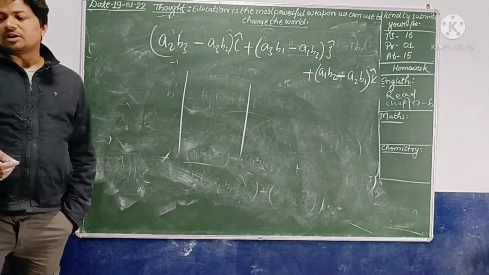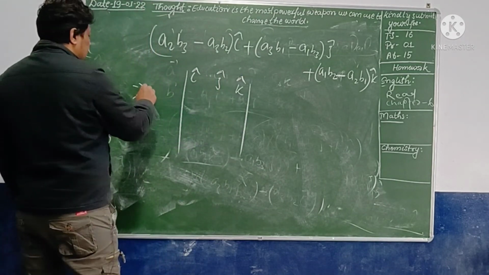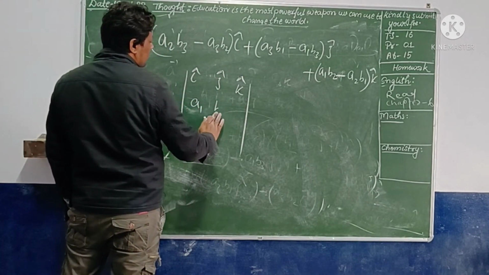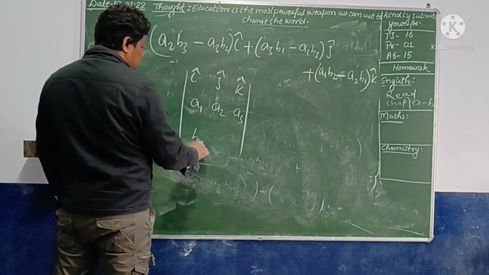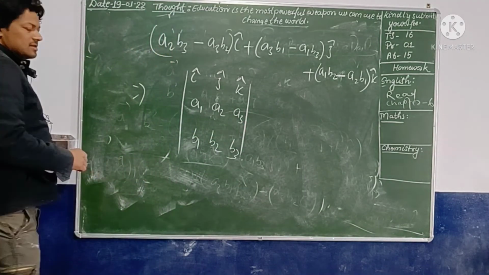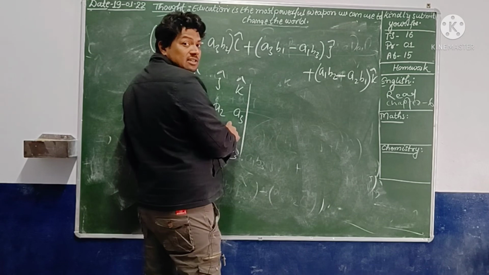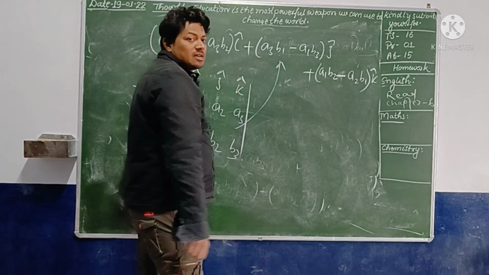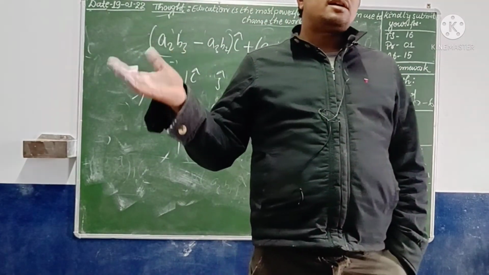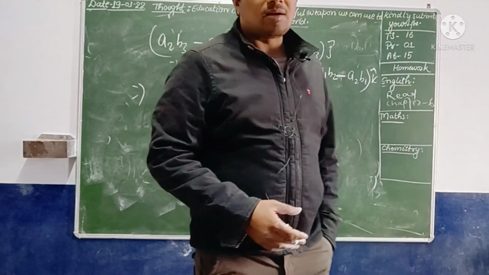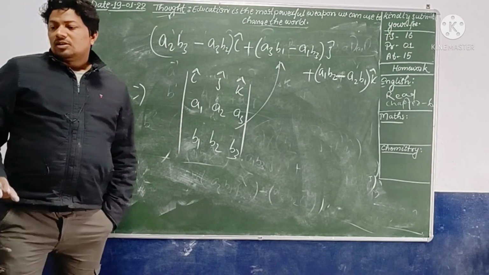The determinant expression we have to write is I cap, J cap, K cap, then A1, A2, A3, B1, B2, B3. Is it clear? This will be the extension. If we extend it, it is equal to the same expression. This is the determinant form. It means if we have two vectors in Cartesian form with I, J and K, you can solve the determinant. You know its extension. Clear? Very good. The same will come. Is it clear? So that's it.